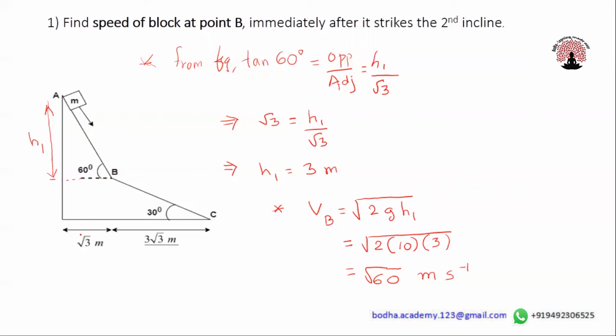This side will be root 3. So you'll get h1 by root 3, so h1 you can find out. Now we want to find the velocity at point B, so we will apply the inclined plane concept. VB is equal to under root 2g h1. Substituting the values, we'll get root 60. This is the first part.